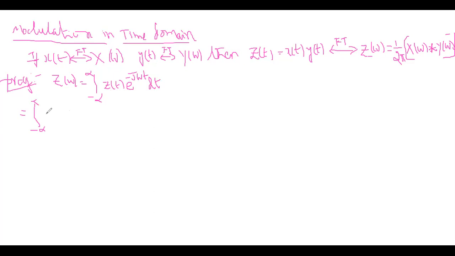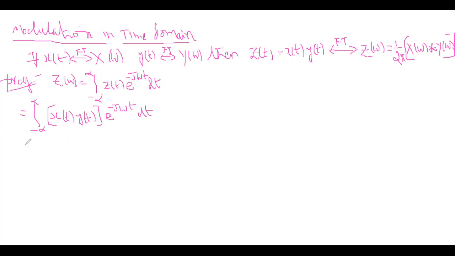What is z of t? It is a product of the signals x of t, y of t, e power minus j omega t dt. Okay, my dear students, taking the product is the modulation in the time domain.